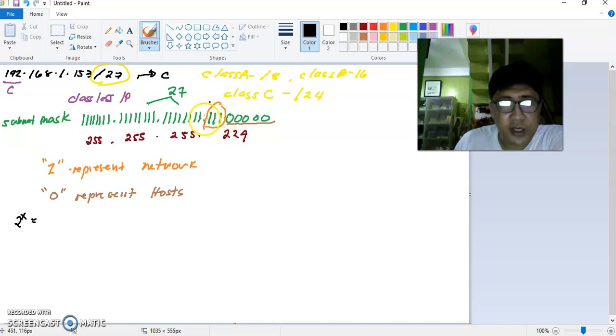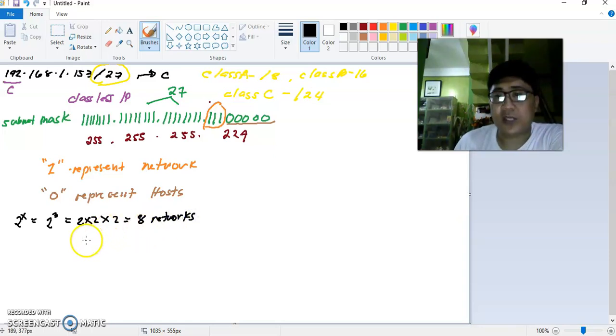The 255.255.255 is fixed, but supposedly this is a class C, and we have the 3 added ones that should not be here. So you have 2 raised to the power 3, that is 2 times 2 times 2, which is 8. Therefore, we have 8 networks.